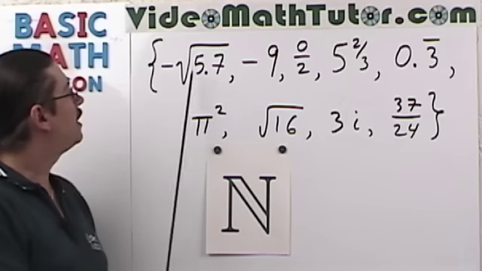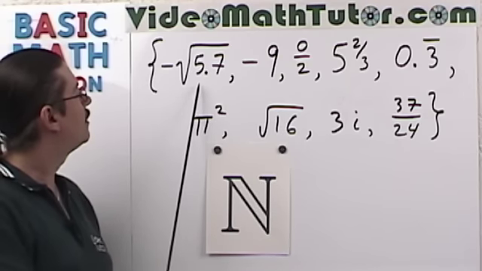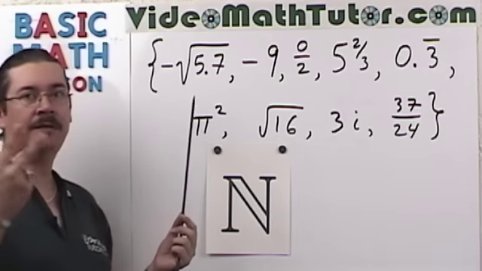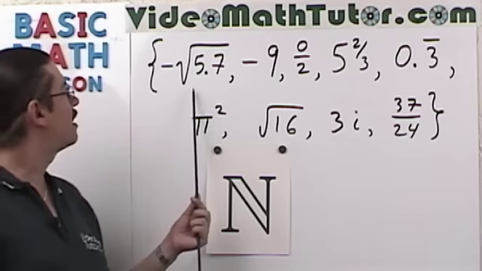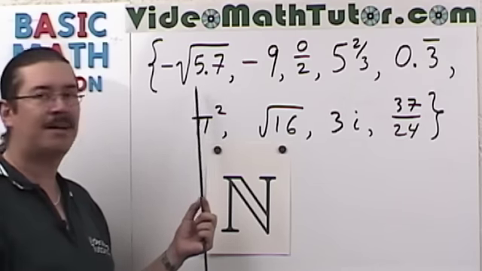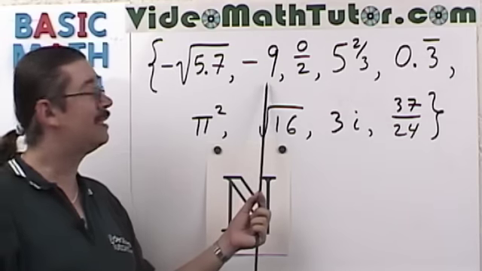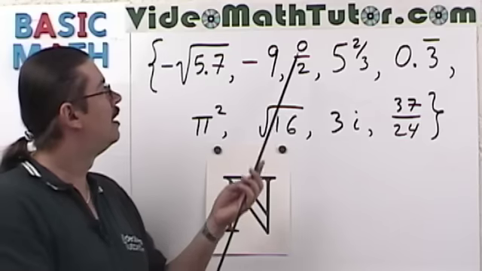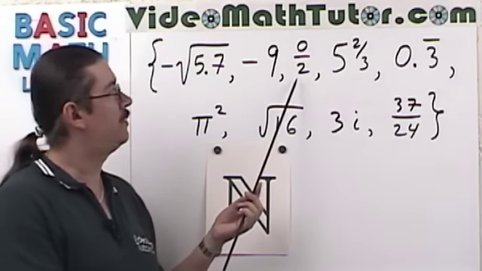Let's look at this first one right here. Negative square root of 5.7. Natural numbers are counting numbers: 1, 2, 3, 4. That's not a number I can count easily with my fingers and toes, so that won't be it. Negative 9 is negative. I cannot count negative numbers as natural numbers. 0 over 2 is really just 0.